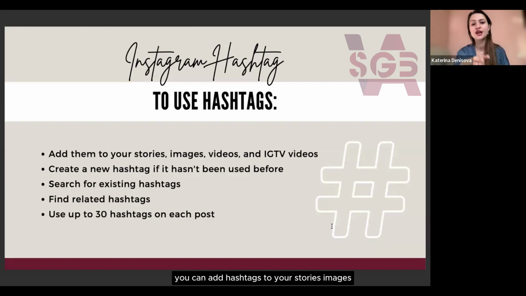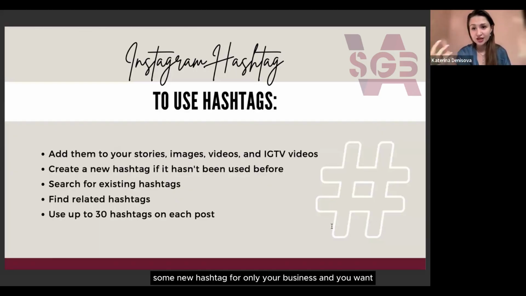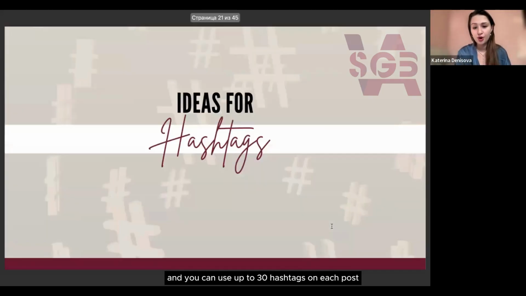You can add hashtags to your stories, images, videos, etc. You can create a new hashtag if you need one only for your business and you want your photos to be published only under this hashtag. You can search for existing hashtags, find related hashtags, and you can use up to 30 hashtags on each post.